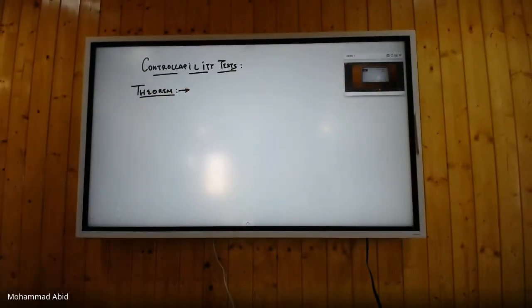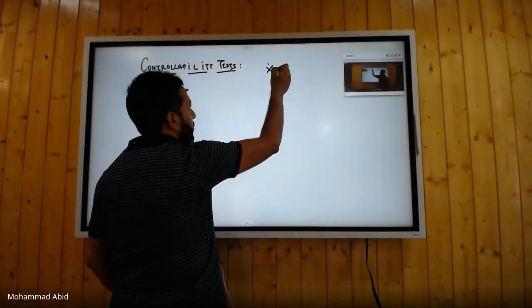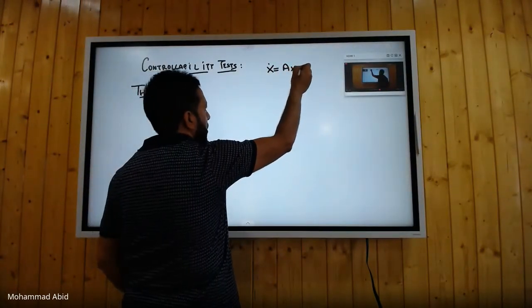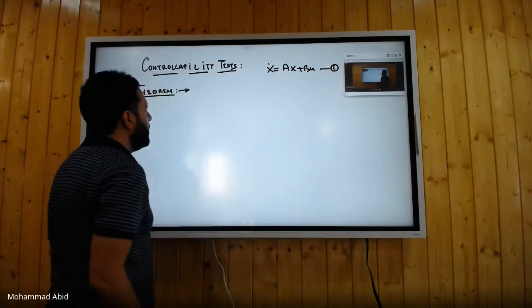The theorem statement is something like this. The necessary and sufficient condition, आपके पास सिस्टम है x dot equal to Ax plus Bu, और इसको मैं बोलूँ equation 1.